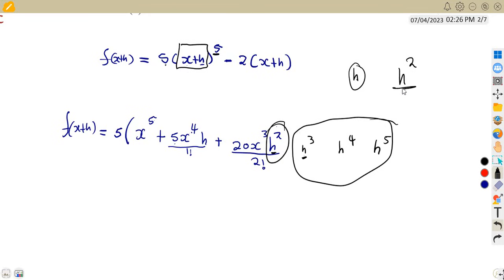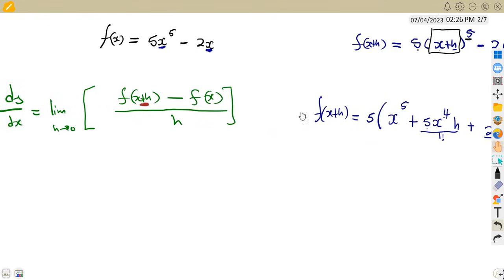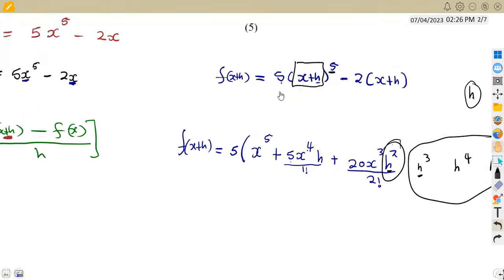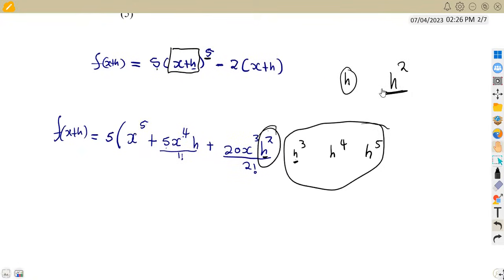We are told that h approximates to 0, so these remaining h's are useless in our simplification. Therefore, there is no need for us to continue the expansion up to the end.